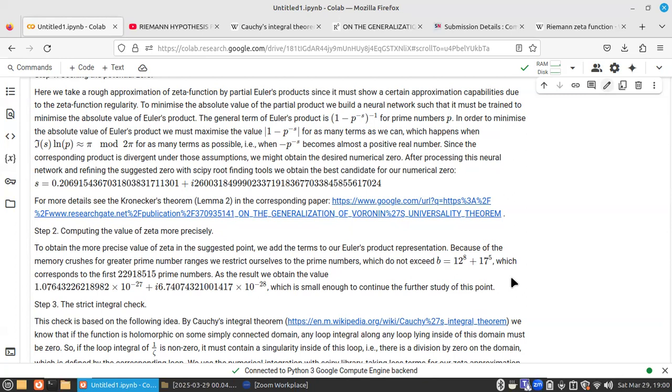And after checking the partial Euler product for approximately 22.9 million first prime numbers, we obtain this value, which is quite small, actually astronomically small.